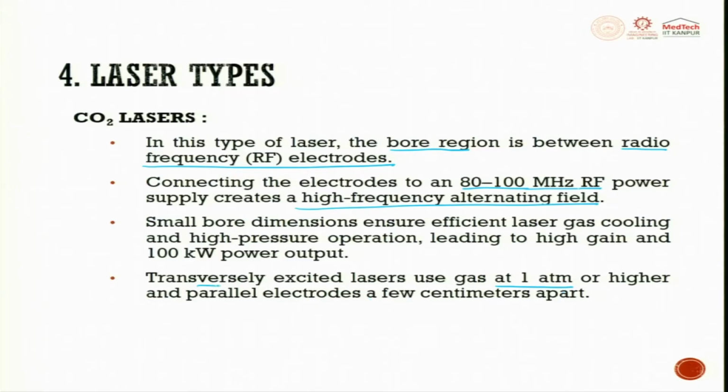So, this is for transverse. Okay, transverse is on the side. Transverse is, this is one electrode, this is one electrode, and you have the glass tube inside. This is an electrode and this is also an electrode.